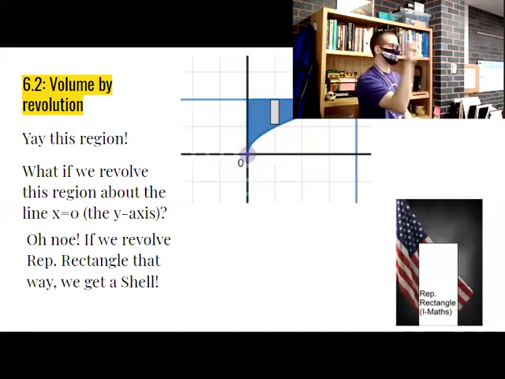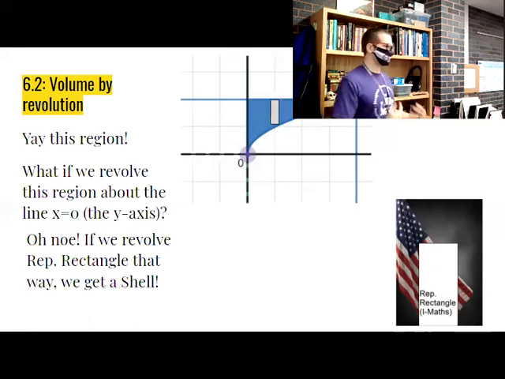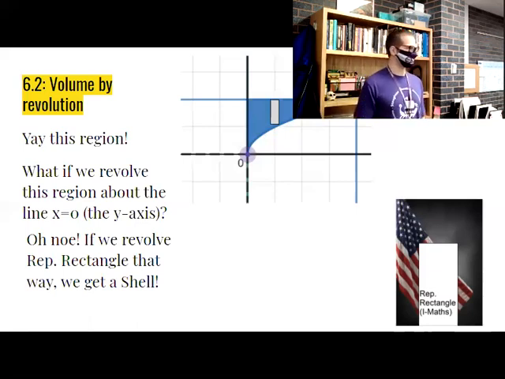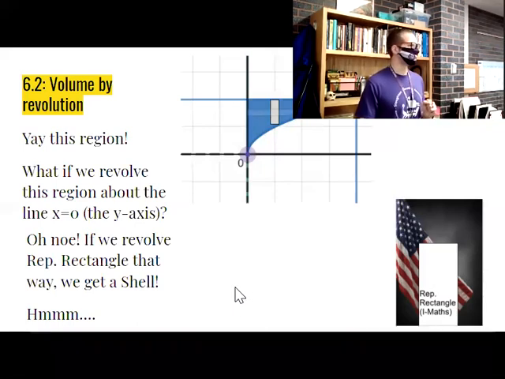What I get instead are what we call shells. They're a bunch of incredibly thin cylinders all nested inside of each other. That's not what we want. We can talk about the shell method, but it's not a method that we really want to focus on right now. So maybe that's not the way we want to use rep rectangle.